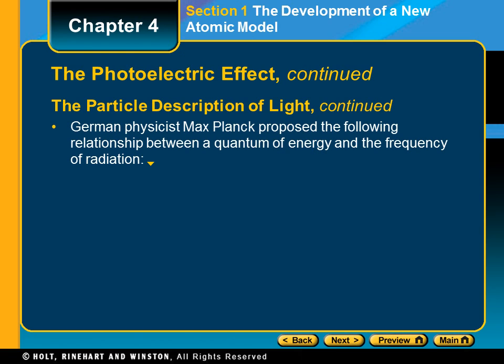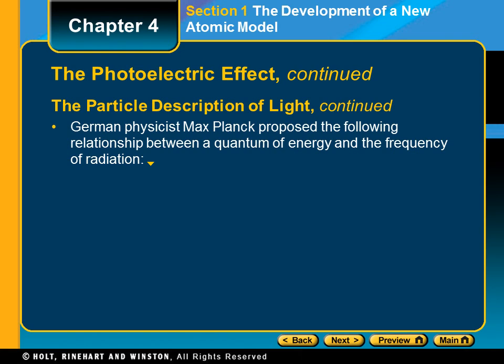Continuing with the particle description, this brings us historically to the German physicist Max Planck, who, in understanding the stuff we're talking about, proposed that there was a relation between a quantum of energy and the frequency of the radiation. Remember, frequency, you've got to go back to our wave definition.